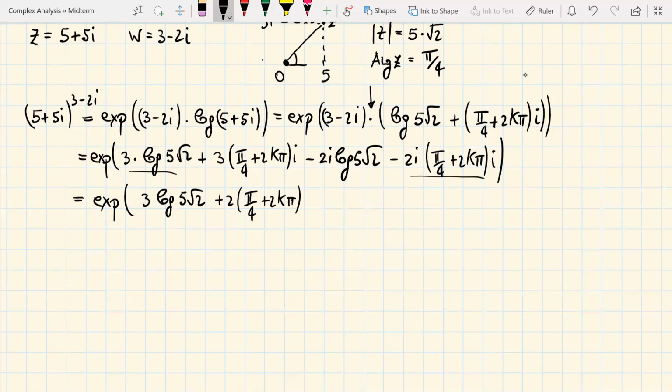And then we get the imaginary part. This is (3π over 4 plus 6kπ minus 2 logarithm of 5 square root of 2) i.